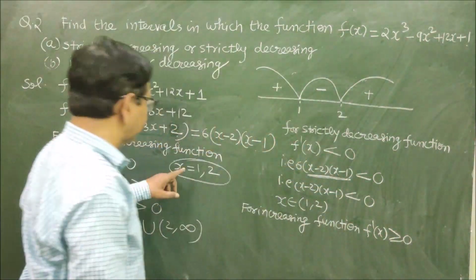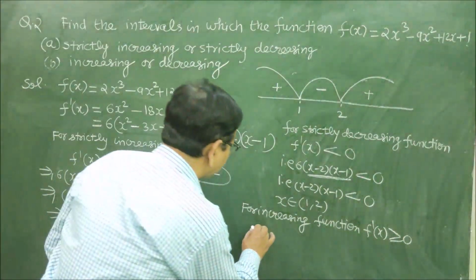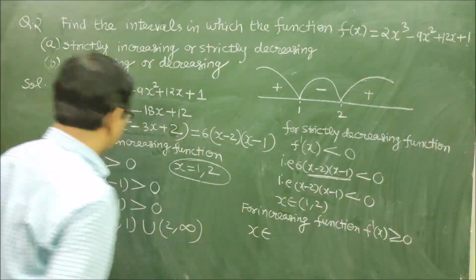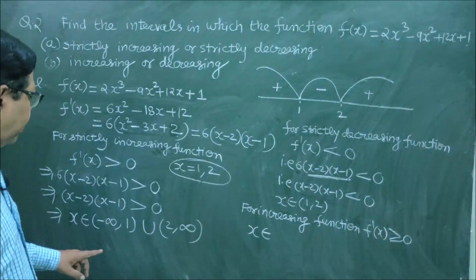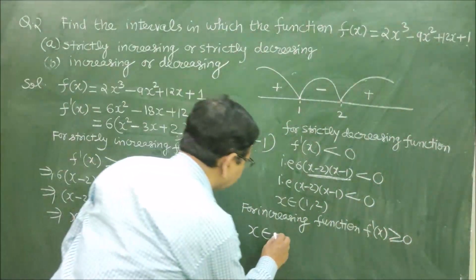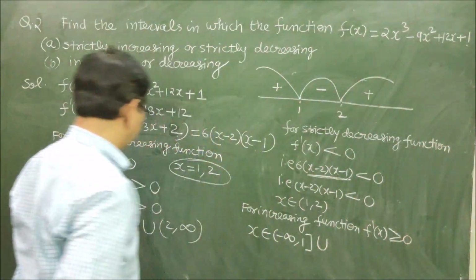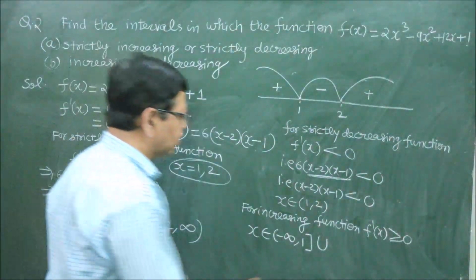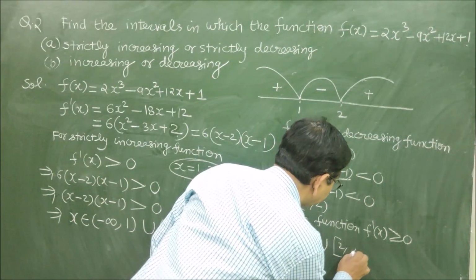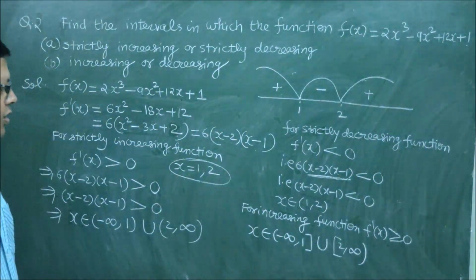That is, these critical points are also considered. So for increasing, x belongs to minus infinity to 1 closed interval, union 2 to infinity closed interval, because this one extra condition equal to 0 is there for increasing function.